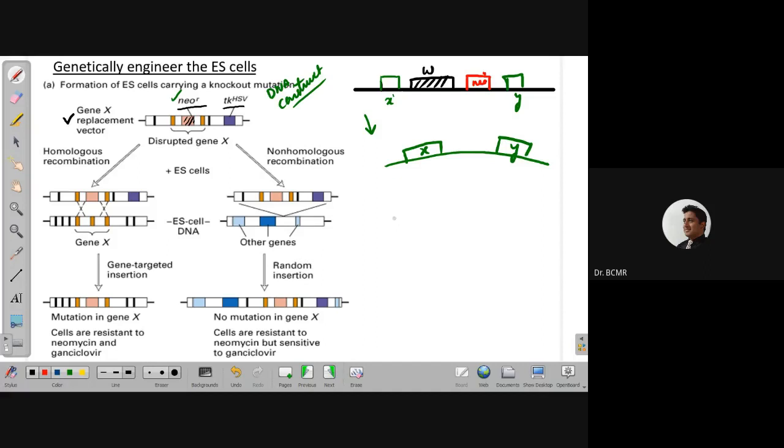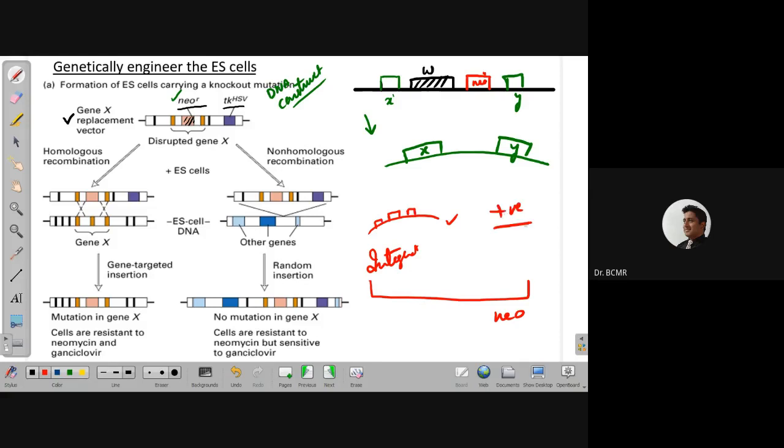So if a cell has the neomycin gene, and there is a cell that did not get the vector, those in which integration happened, and those with no integration, if I grow these two types of cells in neomycin, one of the cells will not grow, and that is those that do not have neomycin would die out. Only those that have the neomycin gene along with the construct will grow here, right?